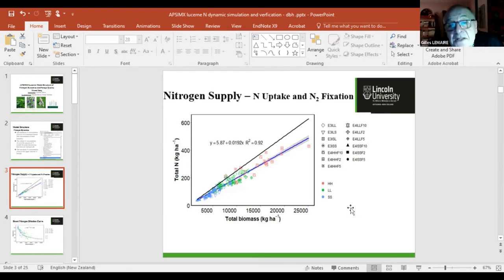You have a picture of how much nitrogen is associated with carbon. If you enter more carbon, you enter more nitrogen. The dilution doesn't exist at the whole plant. The dilution is only a problem of shoot. It's not a problem of whole plant.